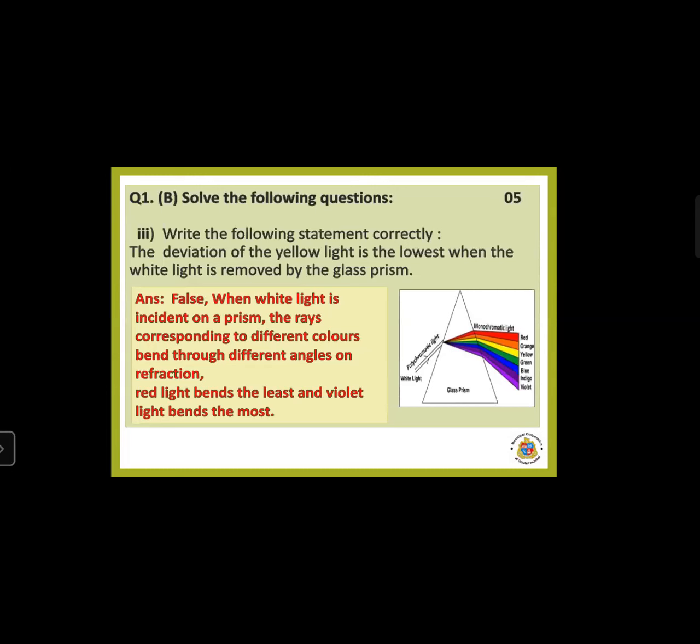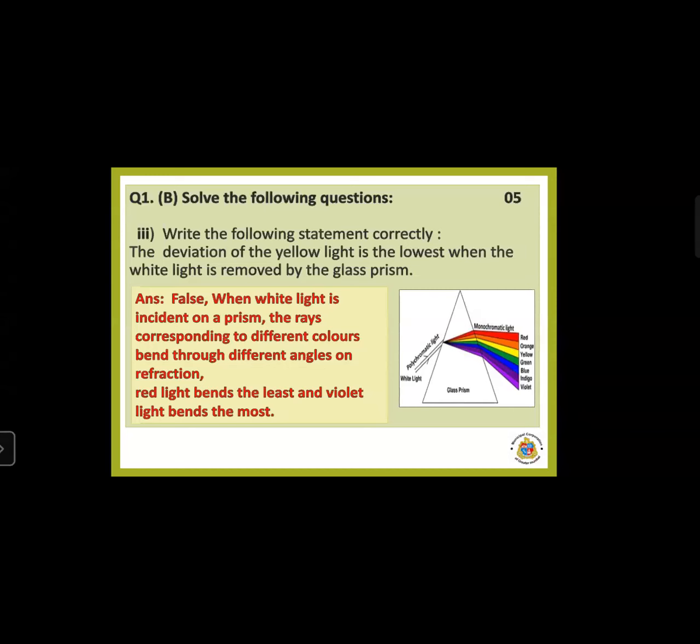This statement is wrong. So what is the right statement? Now look at the diagram. This is your glass prism. When the white ray beam is incident on the prism, it has a spectrum, that is different bands of color. So it disperses into different colors.